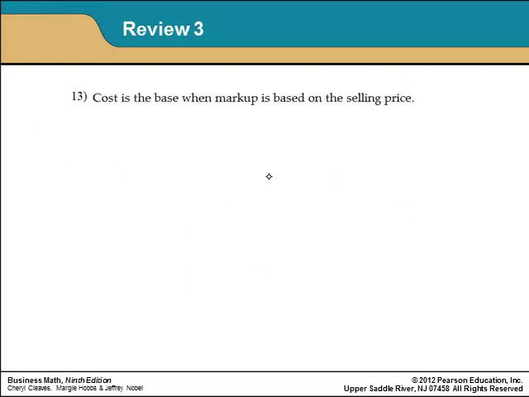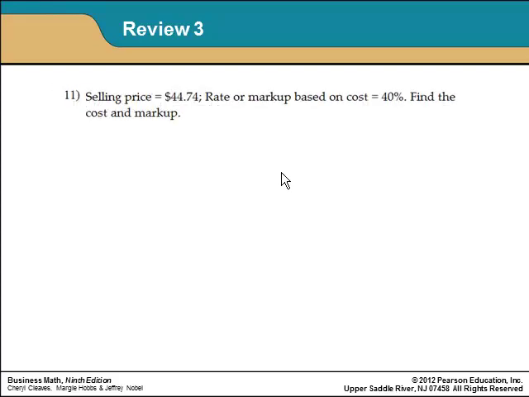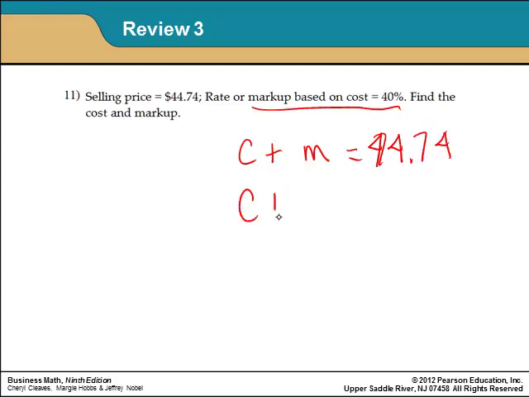Selling price is, I went too fast. Selling price is $44.74. The rate of markup on cost is 40%. Find the cost and the markup. So cost plus markup is selling price of $44.74. The markup is 40% of the cost, so cost plus 0.4 cost is $44.74.